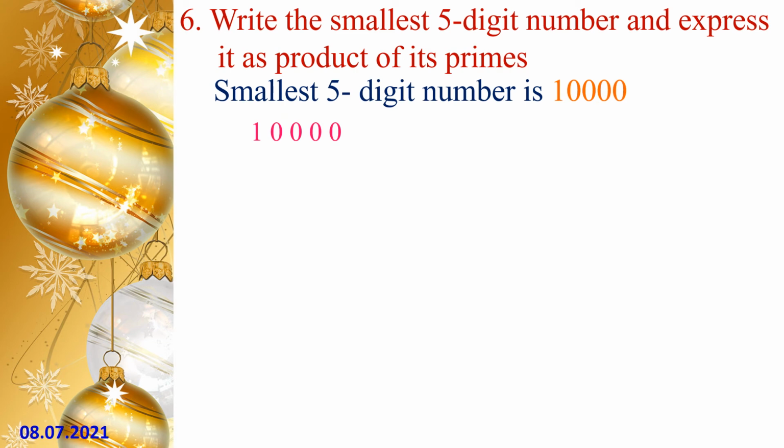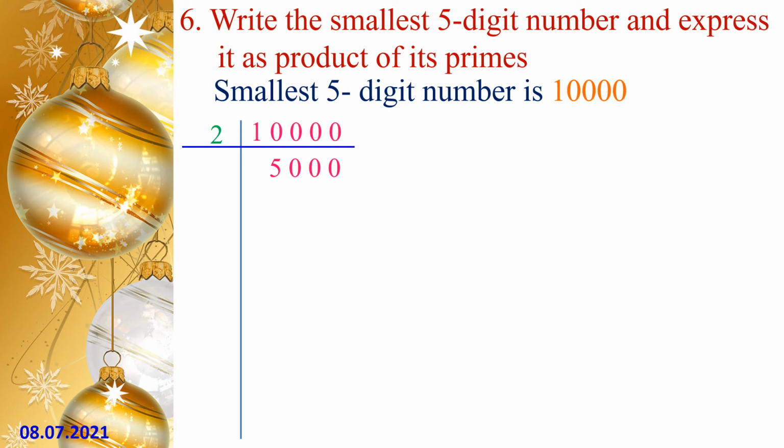It is an even number, so it is divisible by 2. Now we write 2 to the left of 10,000, and dividing 10,000 by 2 we get 5,000.